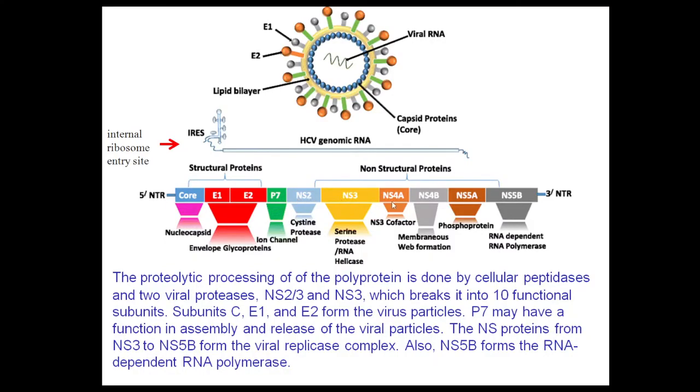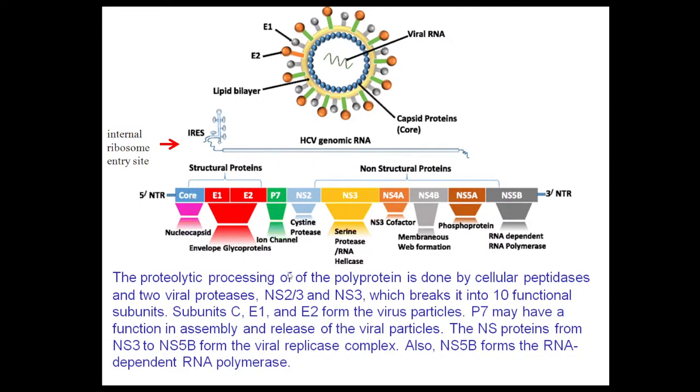These are non-structural proteins. The proteolytic processing of the polyprotein. Why do we show here polyprotein? Because the translation occurs from the whole genome into the polyprotein. And the cellular peptidases and 2 viral proteases produce the processing of the polyprotein and break it down into active proteins. Subunits C, E1, and E2 form the virus particles.